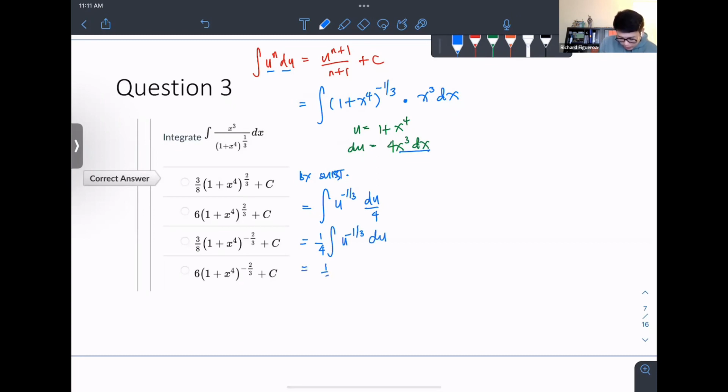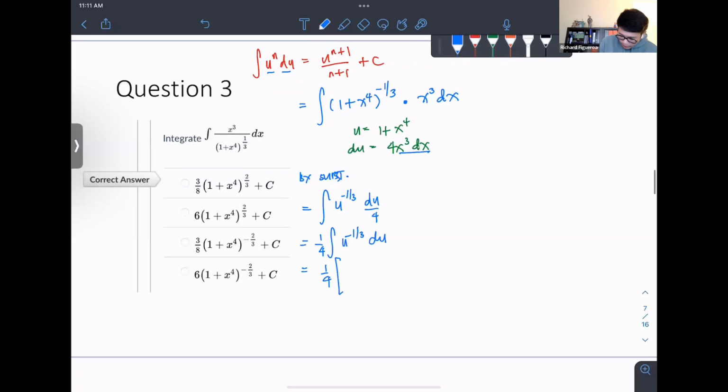And 1/4 multiplied by u raised to negative 1/3 plus 1, negative 1 plus 3, it's 2 over 3. And we'll have 2/3 as well there. Then afterwards, the reciprocal of 2/3 is 3 all over 2.